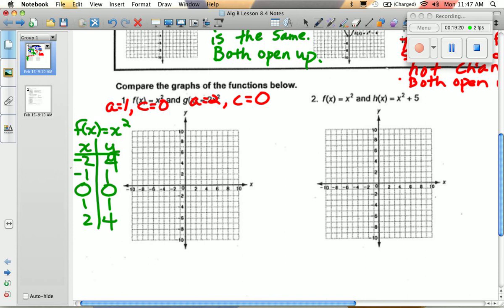Okay, let's graph those 5 points: (1, 1), (-1, 1), (-2, 4), and (2, 4). So make your parabola for that one. And then I want you to put that this is f of x. You could just put f of x by it. You'll know that that's your parent function. Okay?